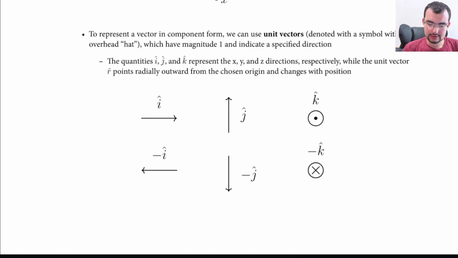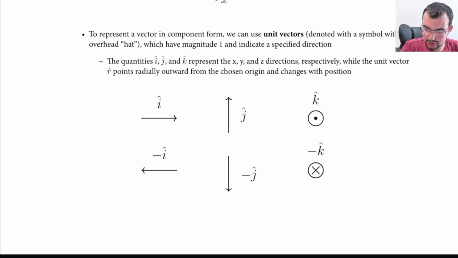Now, to avoid confusion with the coordinate systems, it's usually not the case that they're just labeled X, Y, and Z hat. We actually use I, J, and K. So I hat represents a rightward unit, J hat represents an upward unit, and this might be new. K hat actually represents a unit out of the page.